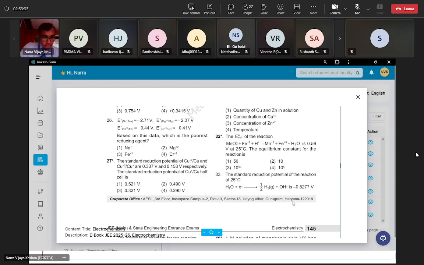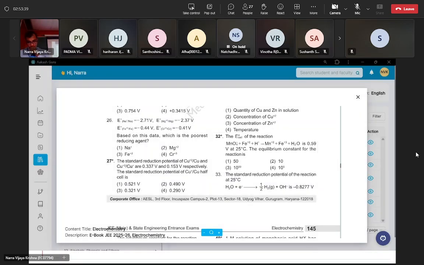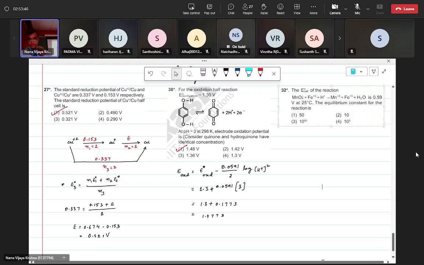32. Solve. Again, a reaction. What do they want? The equilibrium constant, K equilibrium. They gave E. What is the relation between E and K equilibrium?